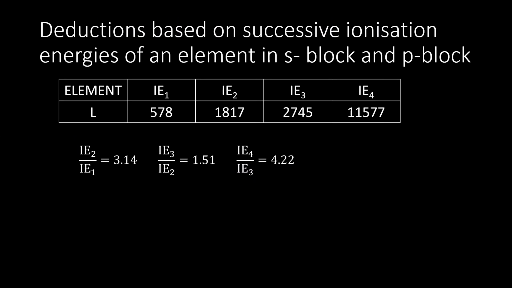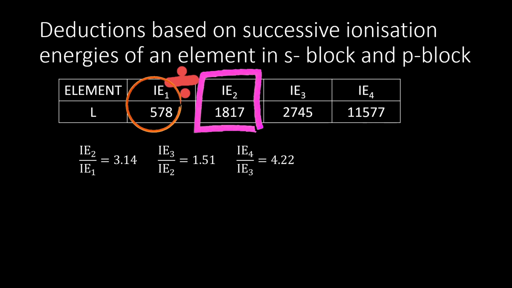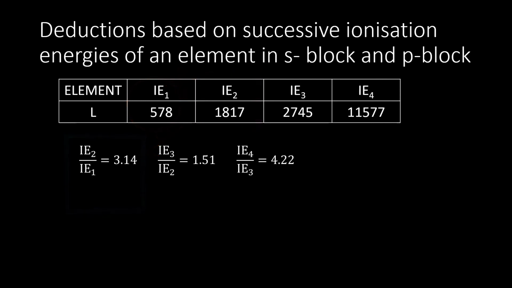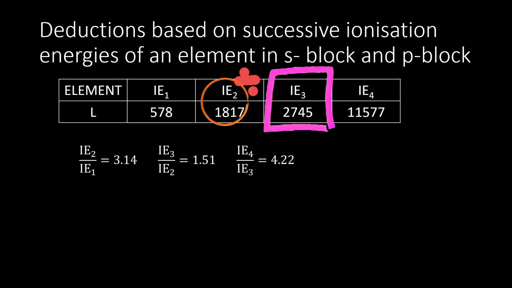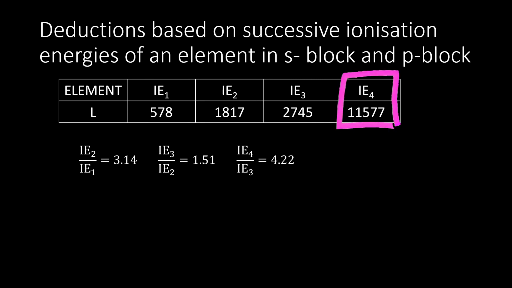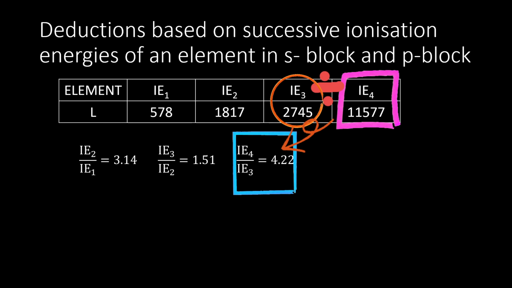For example, to calculate the ratio, we use the second ionization energy, 1817, divided by the first ionization energy value, 578, to give us the ratio 3.14. We do the same ratio calculations for the third ionization energy and second ionization energy, and the same calculations are repeated for the fourth ionization energy and the third ionization energy.